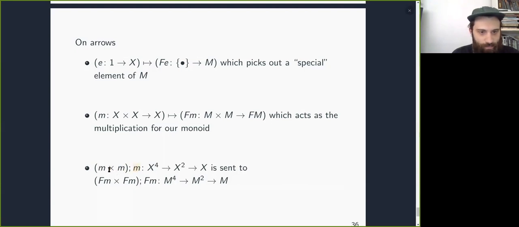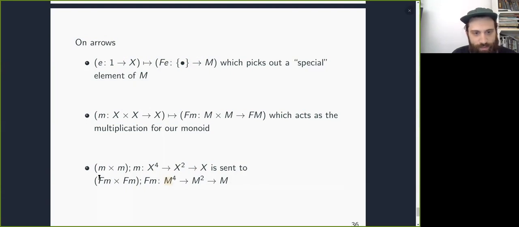And then once you have products, you can also do stuff like this. So a functor will take this over to the operation of just multiplying 4 things in our monoid, like w times x times y times z for terms in our monoid, right?